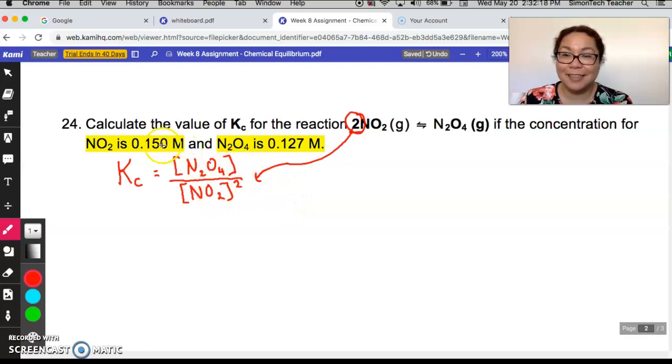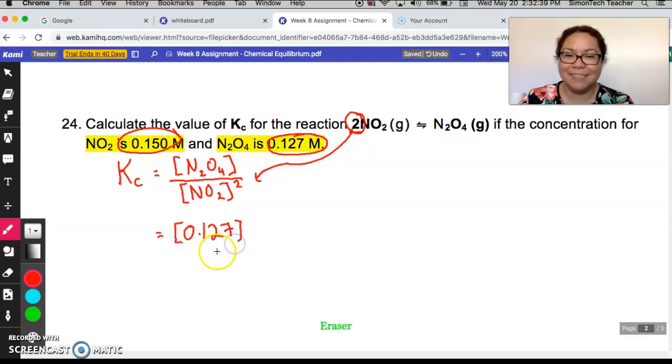We're not done yet. Let's plug in these values and do our calculation. So for dinitrogen tetraoxide, N2O4, it will be 0.127 molarity divided by NO2, which is this, 0.150 squared, okay?